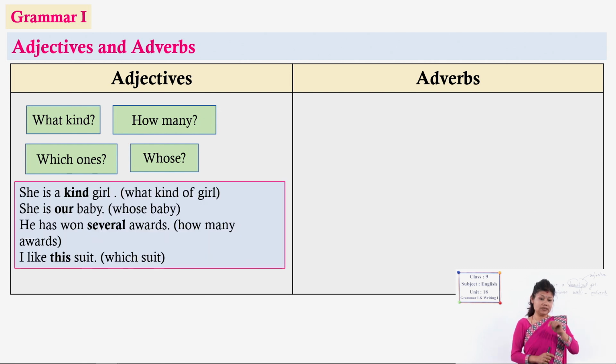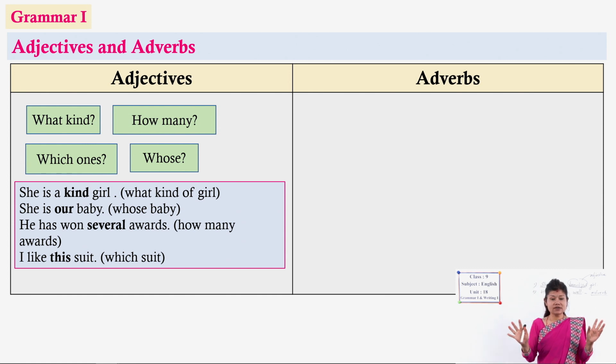Some examples. She is a kind girl. What kind of girl is she? A kind girl. Kind describes the subject or pronoun. She is our baby. Here our is an adjective. Whose baby? Our baby. He has won several awards.